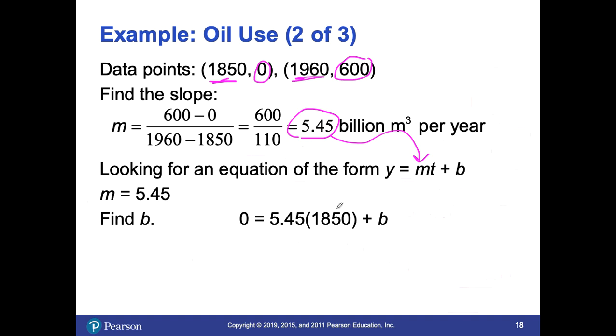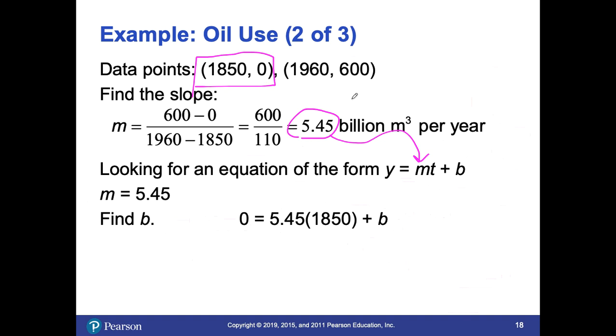But essentially, to find b, you take one of these points, and actually you can use either one of these points, either this point or the other. But this to me is the easier point because we have 0. And anytime you can use 0, it's always a nicer situation.